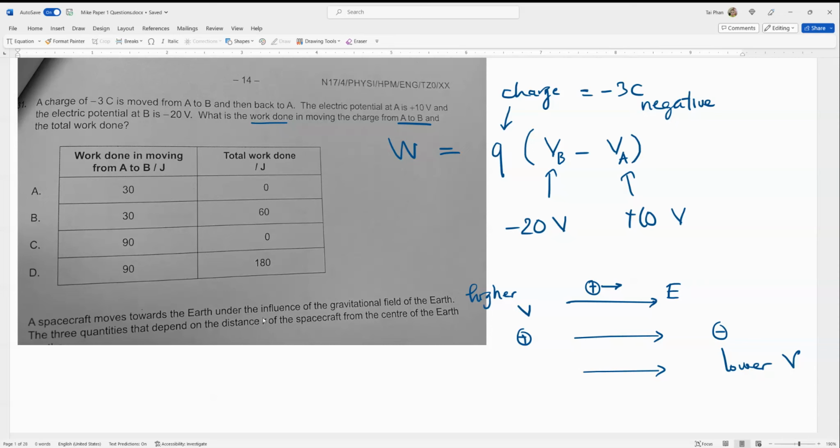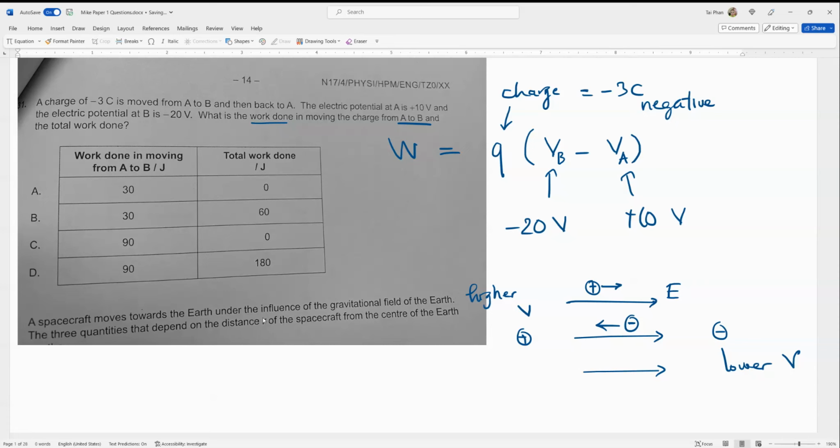But a negative charge is attracted toward the positive charge. Opposite charges attract each other, meaning the negative charge is naturally attracted by the electric field to move from lower potential to higher potential.